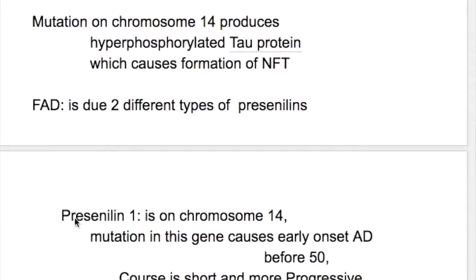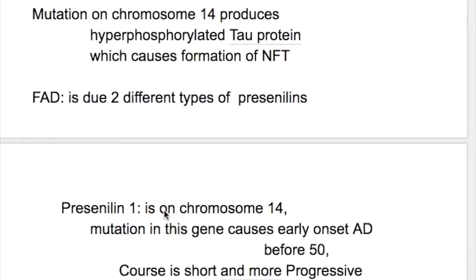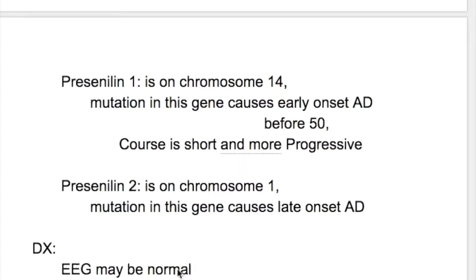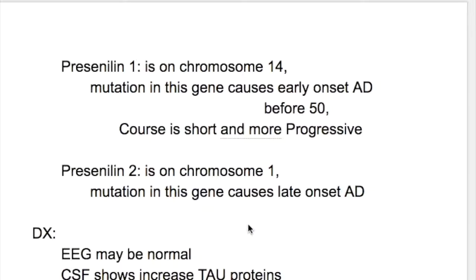Familial Alzheimer's disease is due to two different types of presenilins. Presenilin 1 is on chromosome 14. Mutation in this gene causes early onset Alzheimer's disease. Course is short and more progressive. And number 2, presenilin 2 is on chromosome 1 and mutation in this gene probably causes late onset Alzheimer's disease.